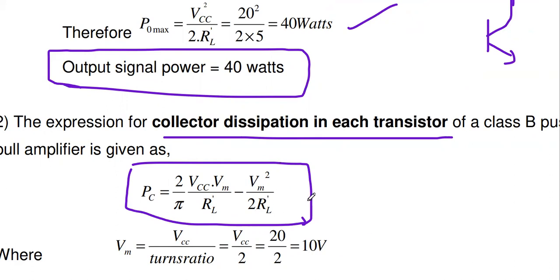Okay, so this derivation we already derived in the class B push-pull amplifier. So you just see the formula, 2 by pi VCC into VM by RL dash minus VM squared divided by 2 into RL dash.